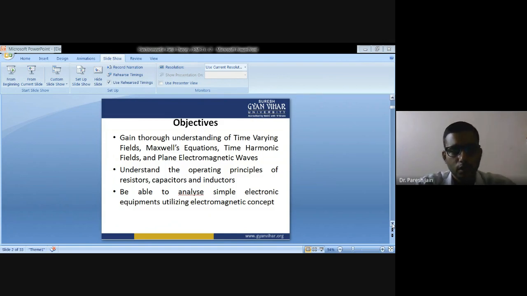And we also discussed the basics of electromagnetic field theory, how the energy is transferred and the signal or information is carried by the electromagnetic waves.